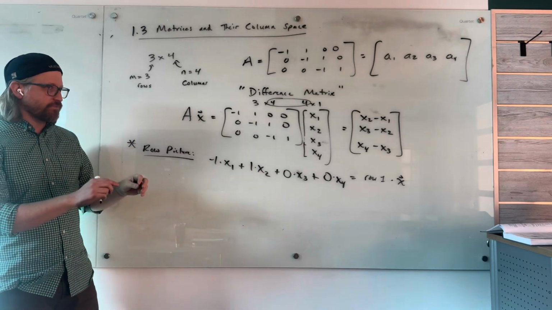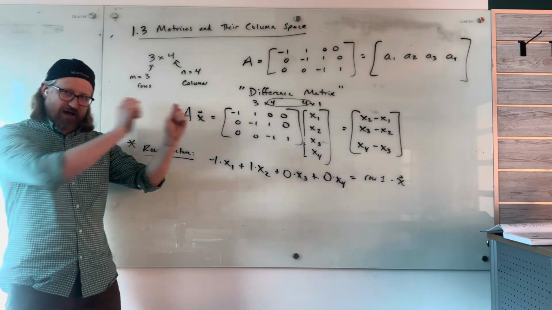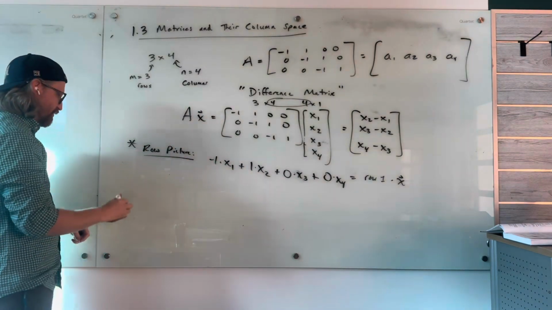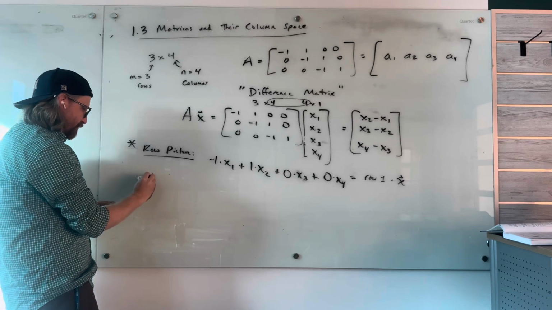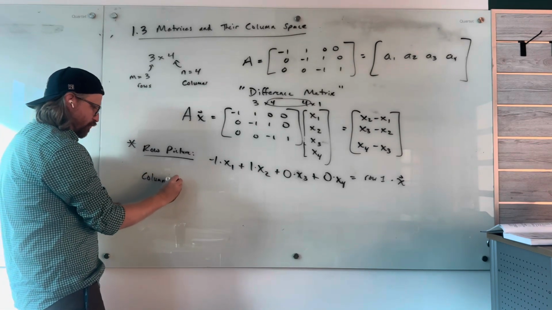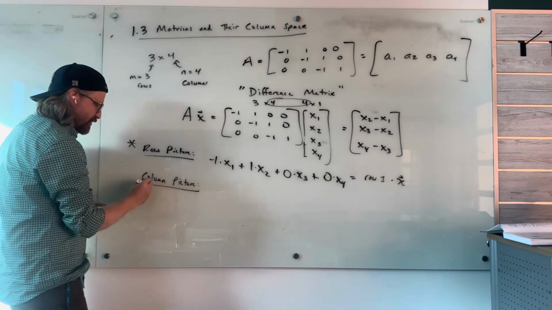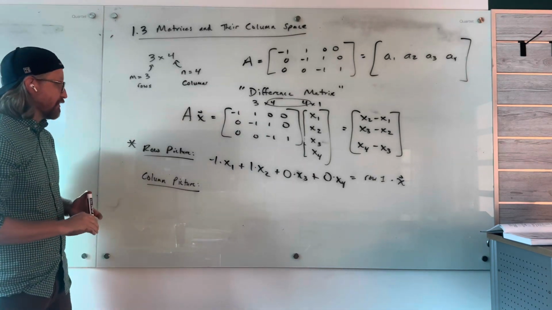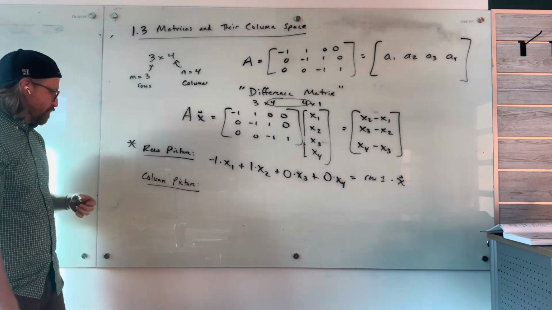Now, the thing that I like about how this material is presented and why I chose this textbook is that there is another way to think about this multiplication, which is the column picture, which we mentioned at the very beginning, back in the very first lesson.